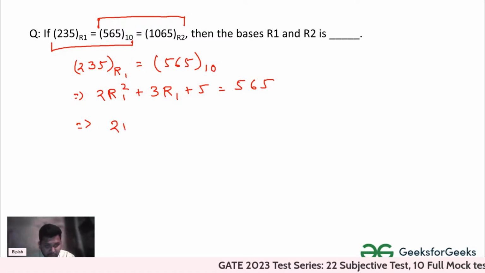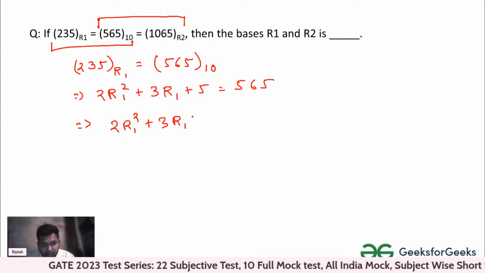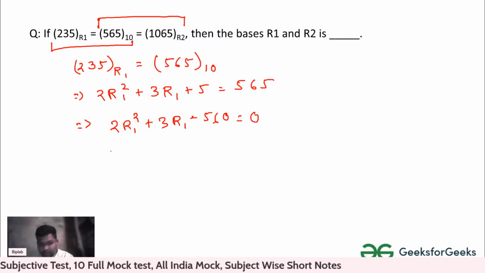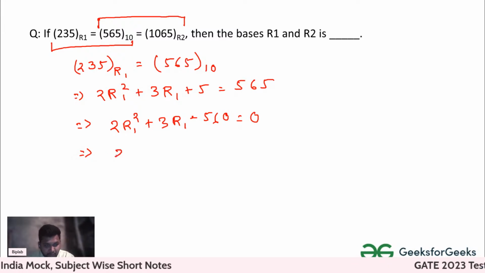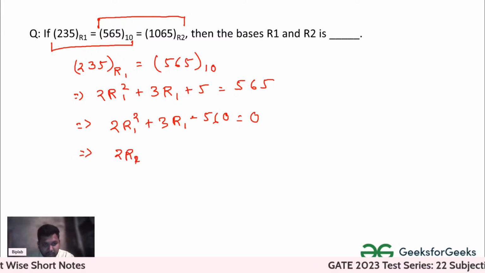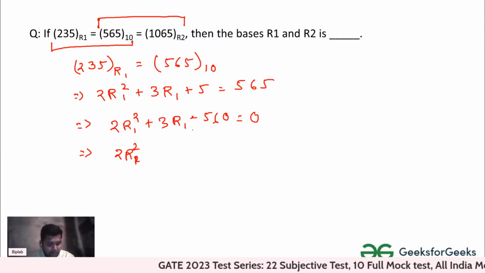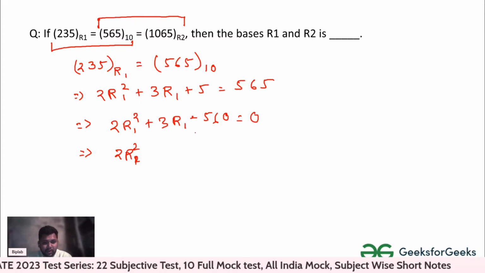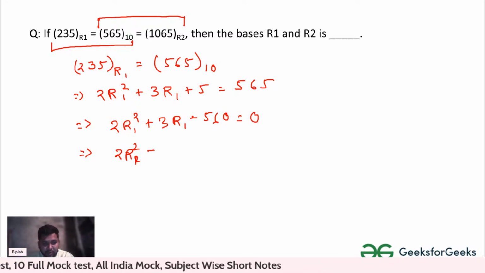So again you come here and solve this. Minus 560 equals 0. You have 2r1 square, 560, so you can convert it into 32 here, and 35.